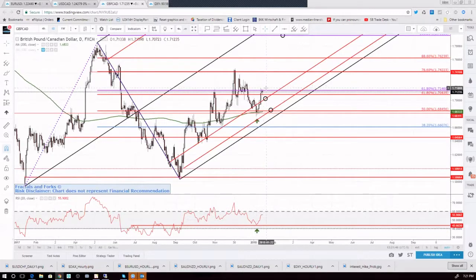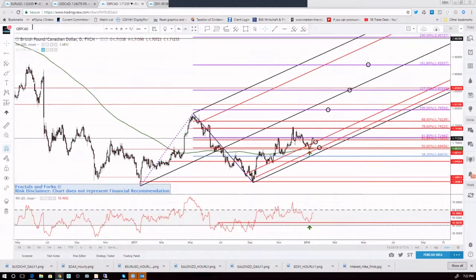It could be cheap with a stop above this Monday high here. No, it's a Friday high, sorry. And then look for probably the 200-day at 168.50s, which would also be back to the 50% retracement.